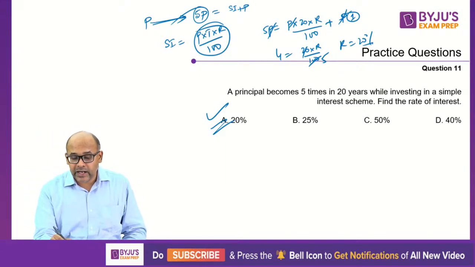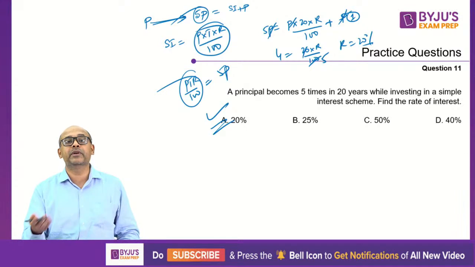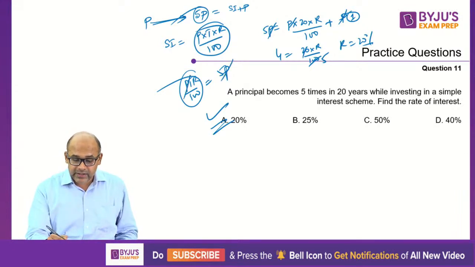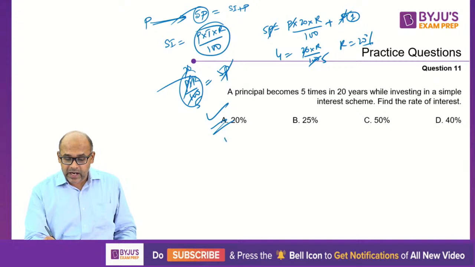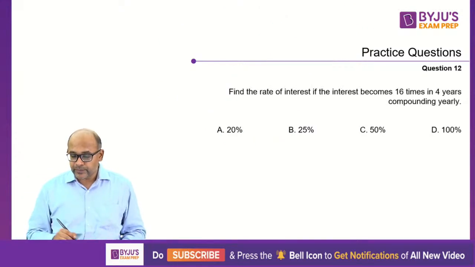So if you directly write PTR by 100 is equal to 5P, then this is wrong, because this is only the interest which you are saying is equal to 5P. That's the mistake here. So if you do it like this, P gets cancelled, T is 20, so 20 goes 5 times, 25s, and R will be 25%. This 25% is a trap. That's incorrect. Okay, let's move on to the next question.